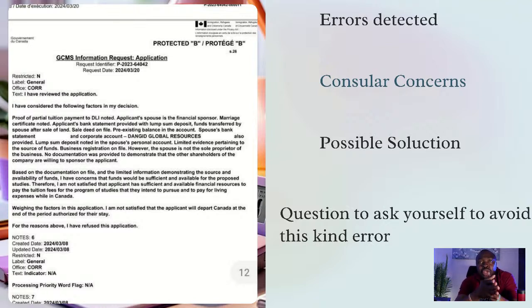business. Now you didn't provide the approval of the other business partners, and not just providing the approval. Why would the company want to sponsor your spouse?